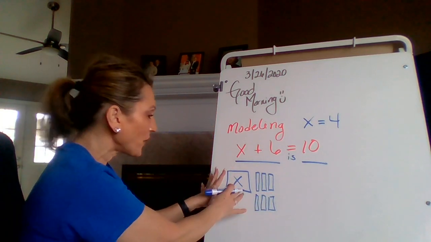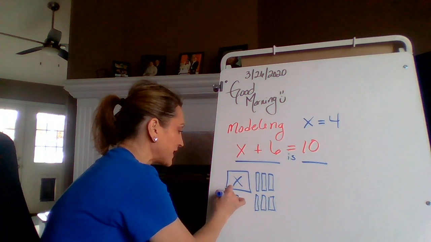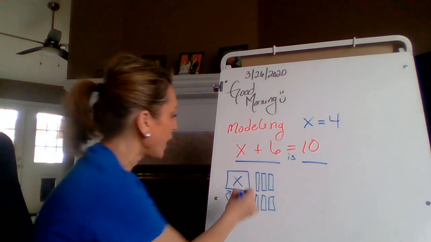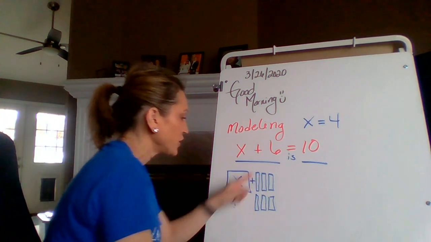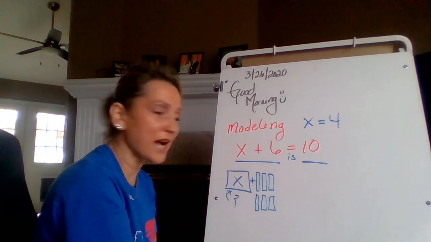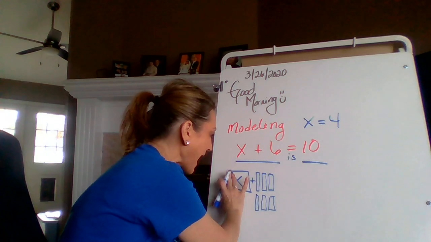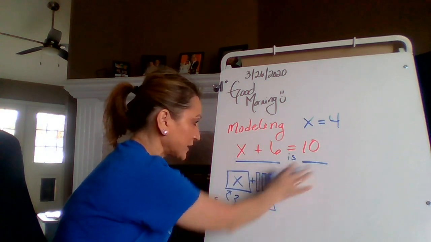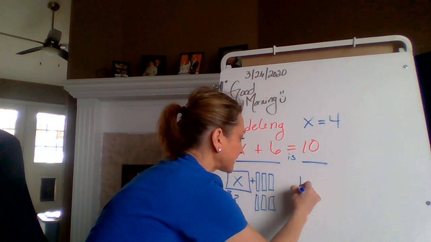So x, I don't have a clue what x is at this present moment, but I do know that it's being added to 6, and in this case, we'll just call them base 10 number rods. So I know that x plus 6 of these number rods is going to equal 10 number rods.